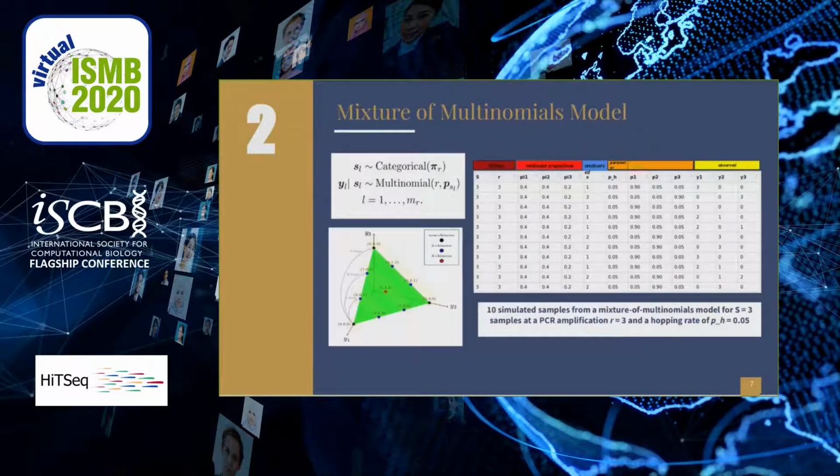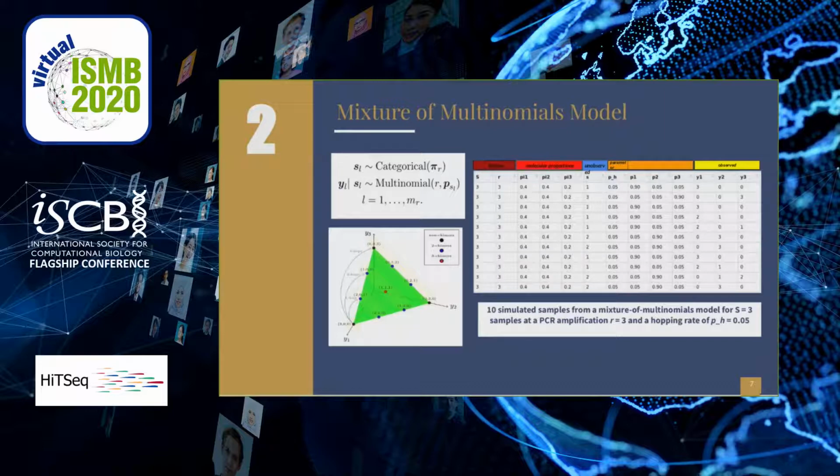The second contribution we make is a generative model that characterizes the phenomenon of sample index hopping. This mixture of multinomials model assigns a probability to all events that we see in the data, whether these are observations that show a collision that indicates a hopping, or observations that don't show any collisions.